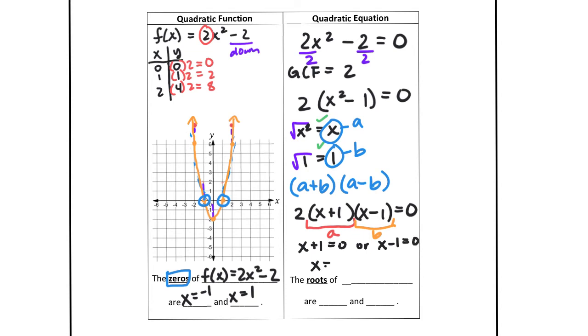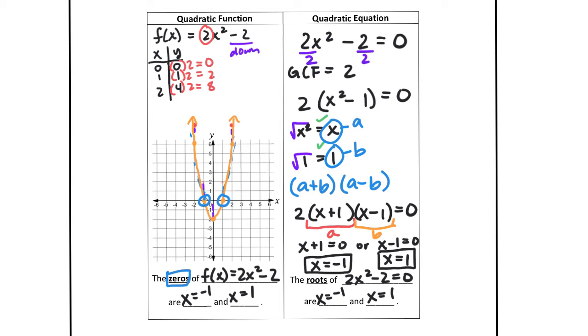So this tells me that either x equals -1 or x equals 1. So I'm going to say the roots of the equation on the very top. So in this blank here, I'm going to copy this equation from the very beginning and say that the roots, the solutions to this answer are x equals -1 and x equals 1. Awesome.